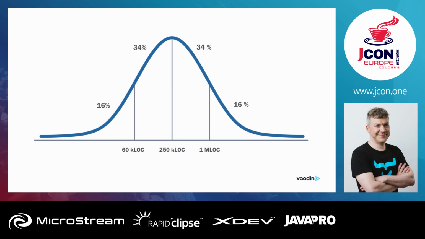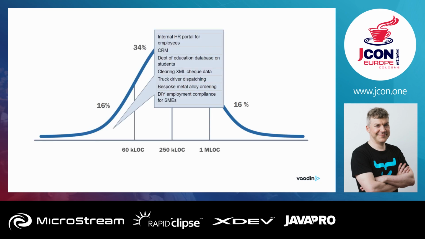And then we have the 1 million lines of code to 12 million lines of code that comprise the final 16%. That's the final slice. Let's take a closer look into the smallest slice, and we'll see just what kind of applications these are.